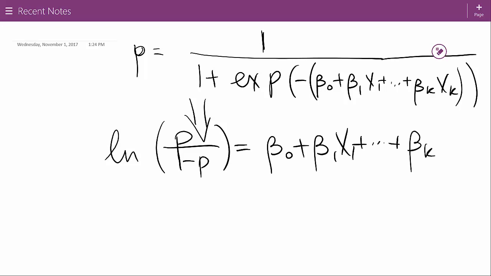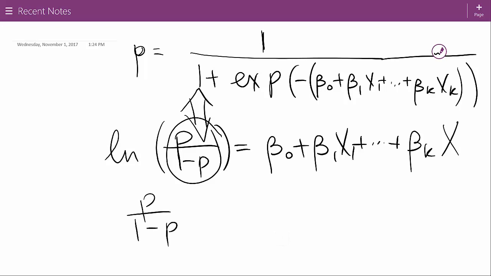We said that these two expressions are essentially the same thing. One means another, and vice versa, okay? Remember how we call this awkward ratio p divided by 1 minus p? Odds, right? We call this odds.